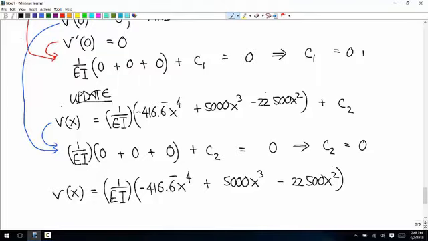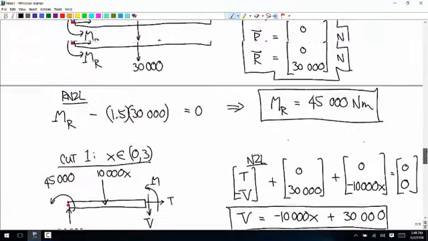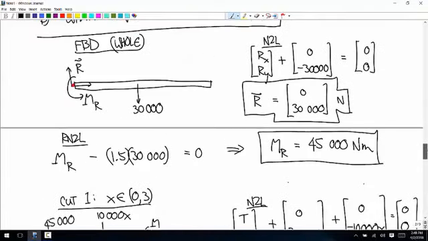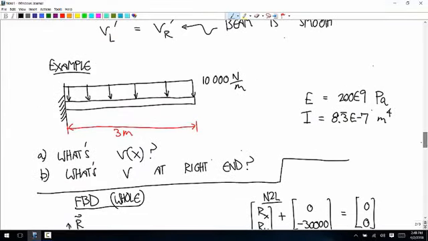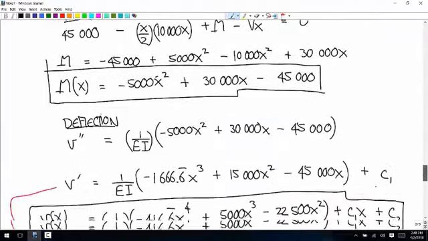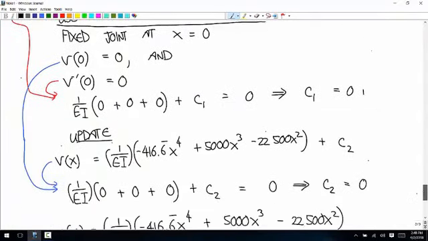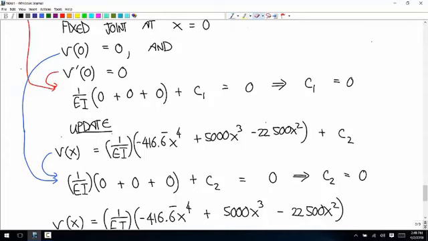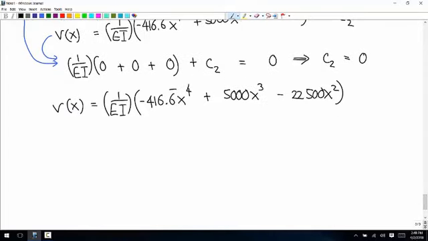And now we can plug in 1 over EI. Can someone multiply, get that flexural rigidity? Just multiply those two numbers together. I guess 16.6 repeating times 10 to the 2, 1.6 repeating times 10 to the third. Thousands, there are 166,000 times here.